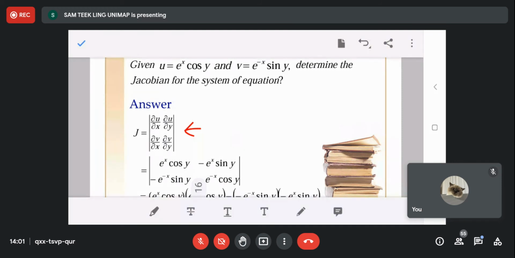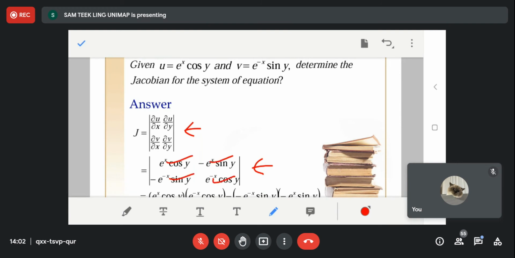So first step, write out. Second step, we differentiate one by one. Here there are 4 entries, and you will get marks for each. If this kind of question comes out, all your answers will get marks. If you skip, you lose all your marks.